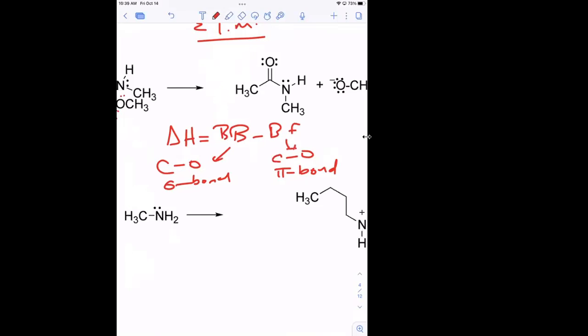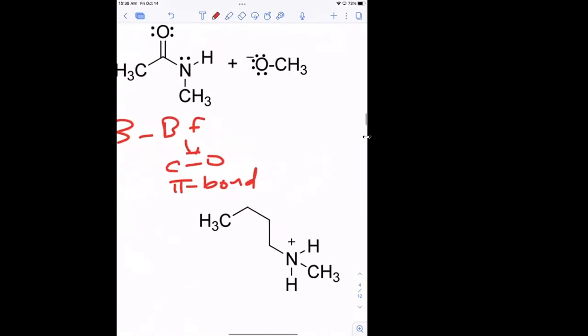We broke a C-O sigma bond and we made a C-O pi bond. So let's calculate delta H. We know the C=O pi bond is 741, 742? 741.